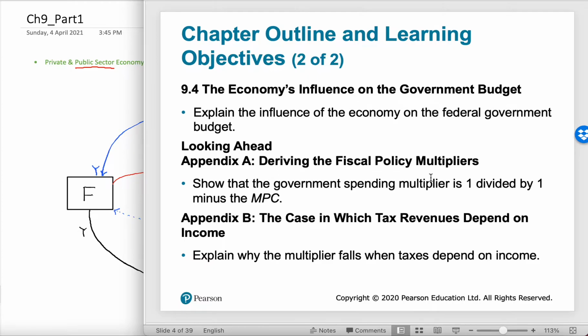Appendix A is talking about the multiplier formulations, and appendix B makes the tax function a little bit more sophisticated than the simple one explained inside the chapter. Both are useful: if the tax is proportional to the income level, how would the multipliers look? That is going to be explained in the appendix.